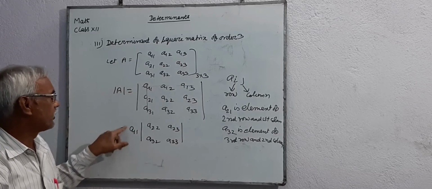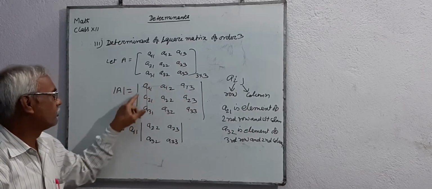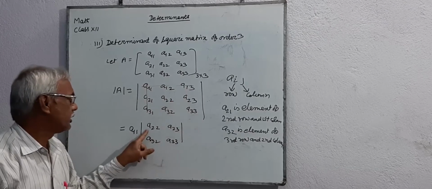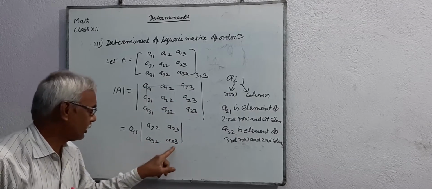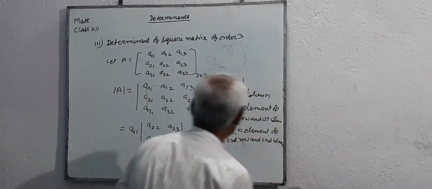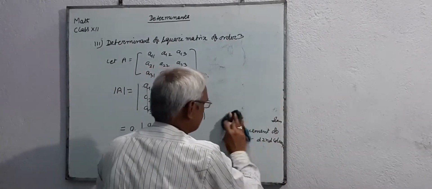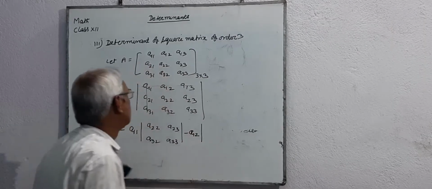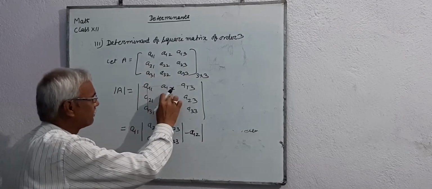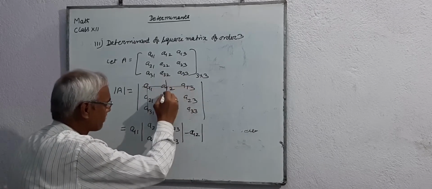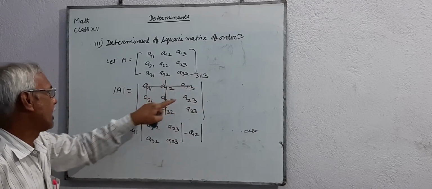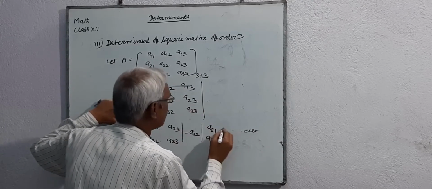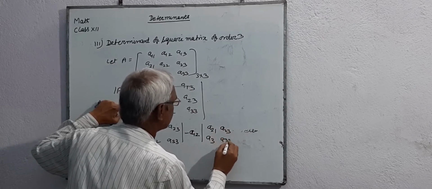The element A11 lies in the first row and first column. Omitting the first row and first column, we get a second order determinant A22, A23, A32, A33. Minus A12: the element lies in the first row and second column, then the second order determinant obtained is A21, A23, A31, A33.